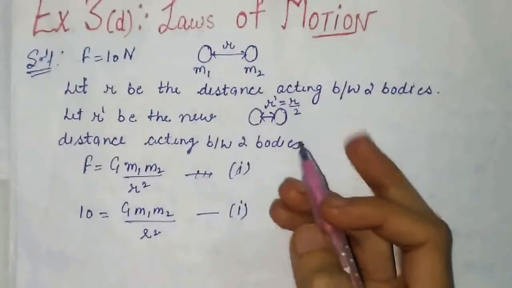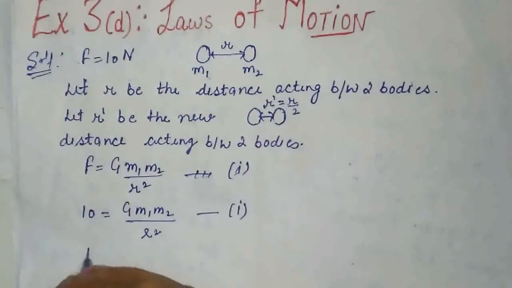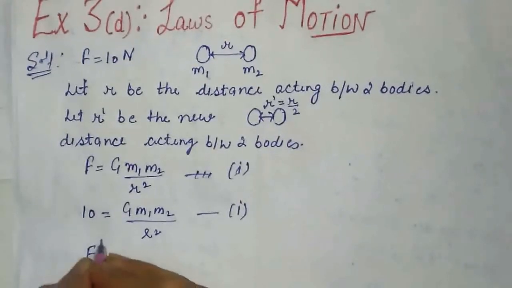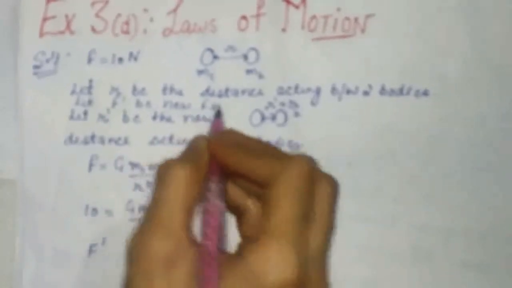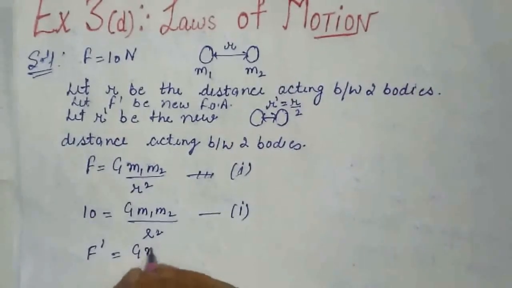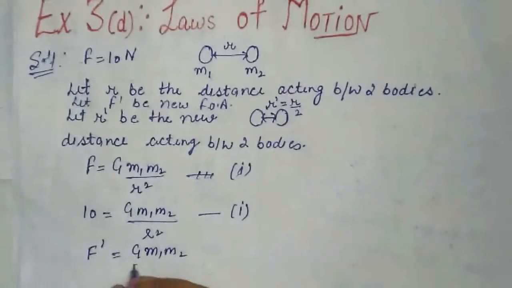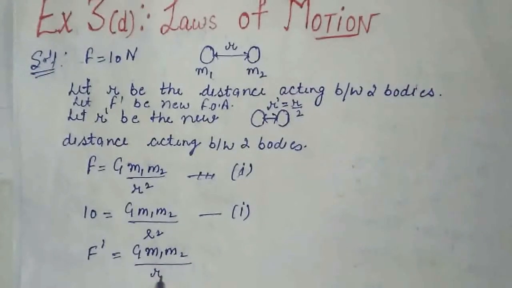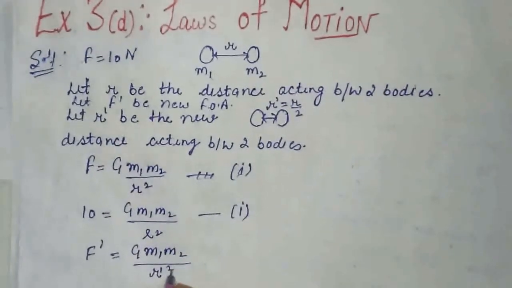Now the second equation: let's take the new force of attraction F dash. Let F dash be the new force of attraction between two bodies. Clear? Now F dash is equal to G m1 m2 divided by r dash square.